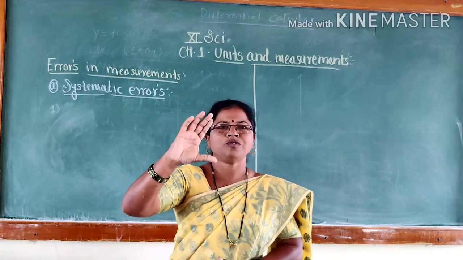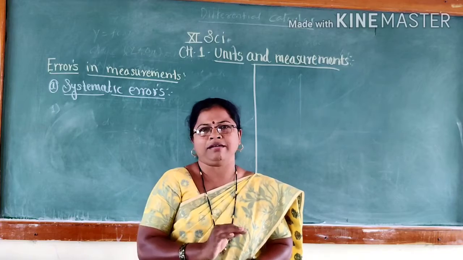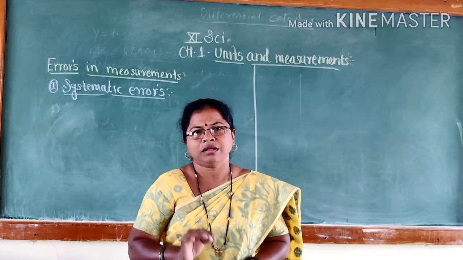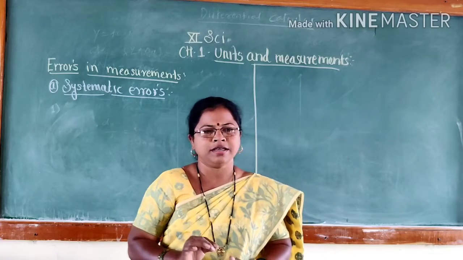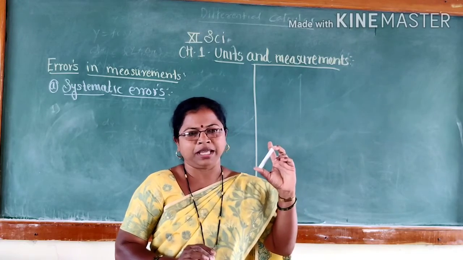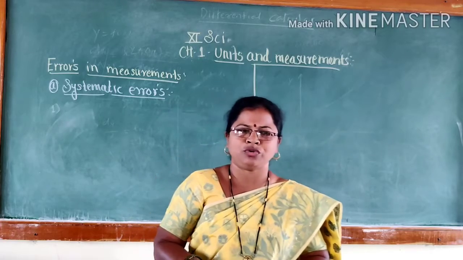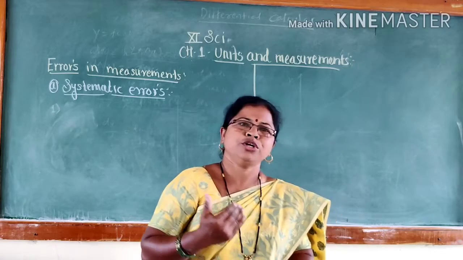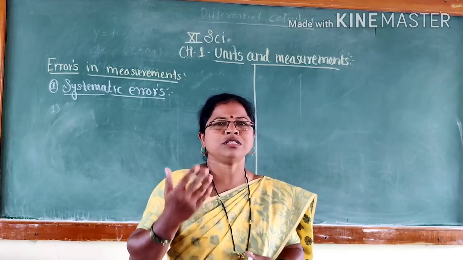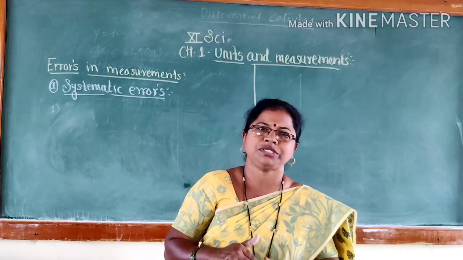That means the observations which we take are not taken with the proper method, then there will be errors, and such errors are called systematic errors. These errors can be positive or negative, and they can be minimized by using a proper instrument and by taking a number of observations.